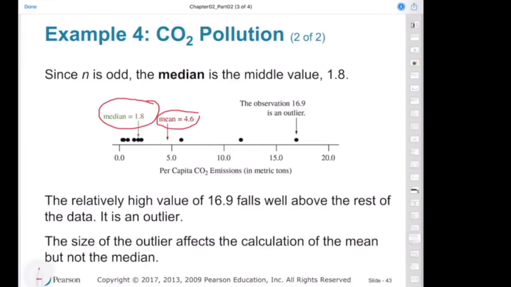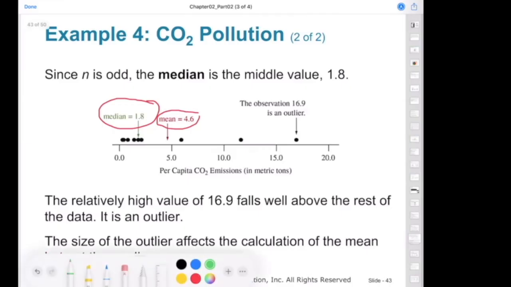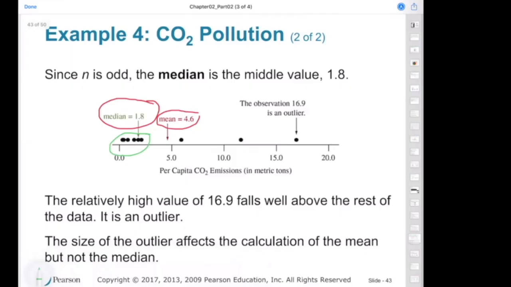If you look at these points, most of the data we can find on the left. You have about 6 points on the left, as you can see here. So we have 6 numbers here. These are the majority of the data. The median is there between them. But look at the mean.